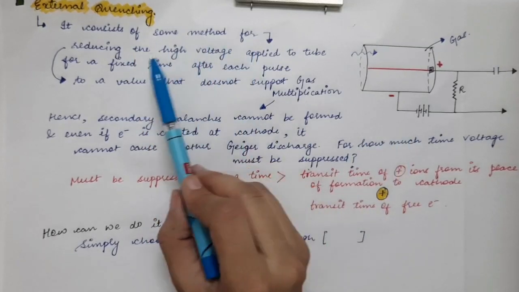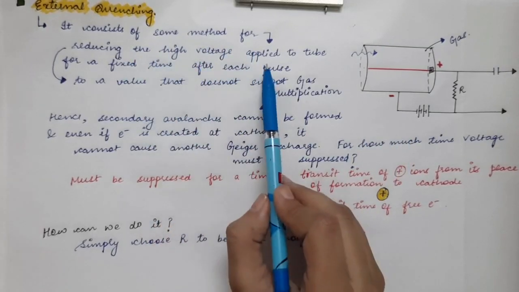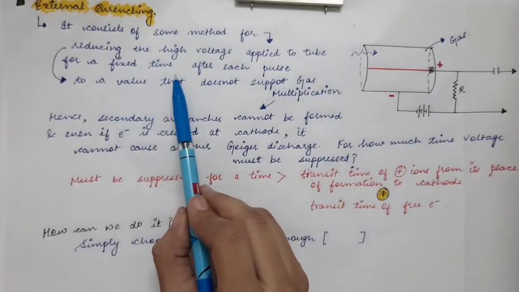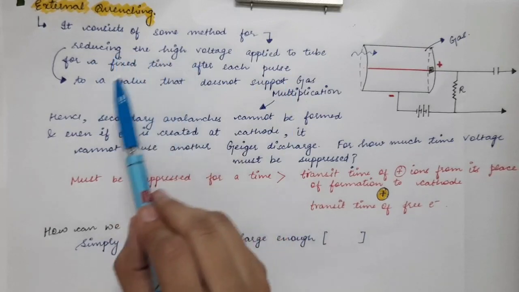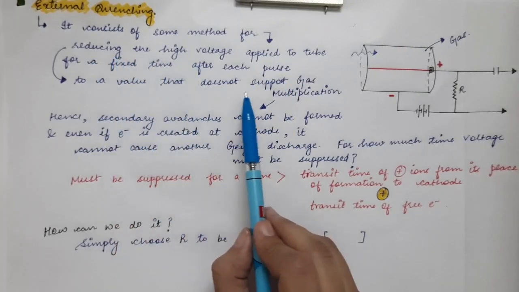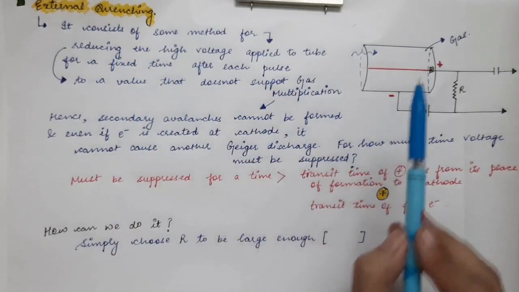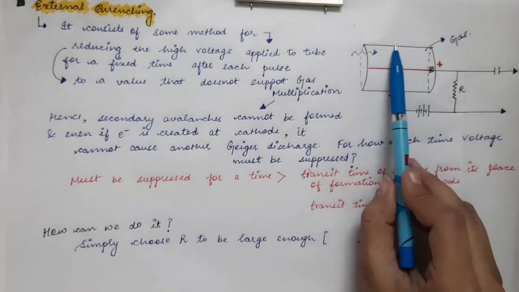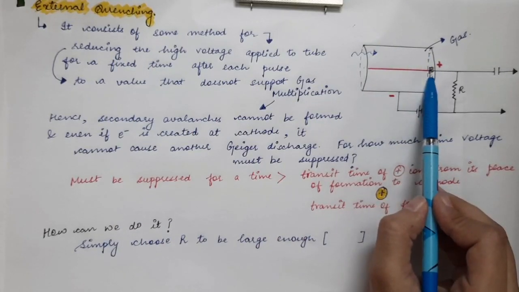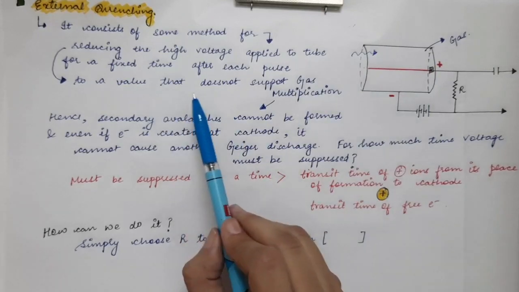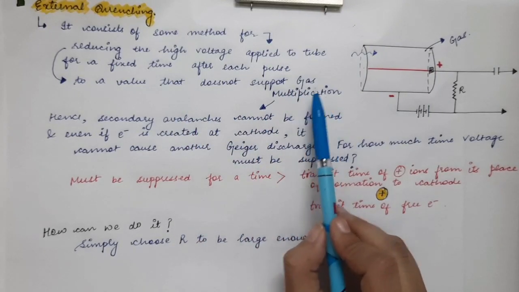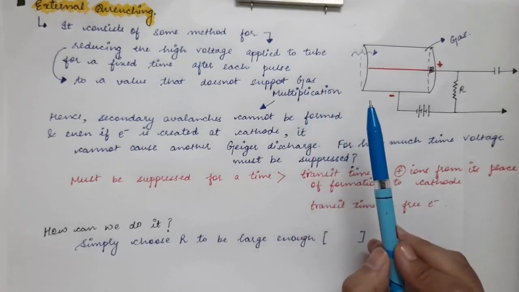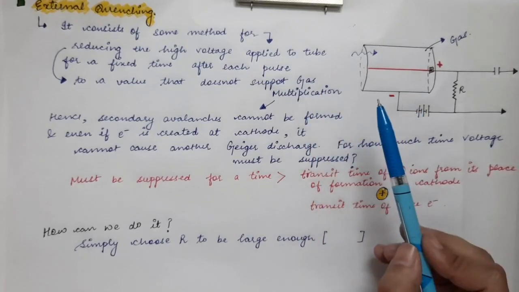So this method consists of reducing the high voltage applied to the tube for a fixed time after each pulse. This is reduced to a value that does not support gas multiplication. As we have said, for gas multiplication the voltage must be above a certain limit.